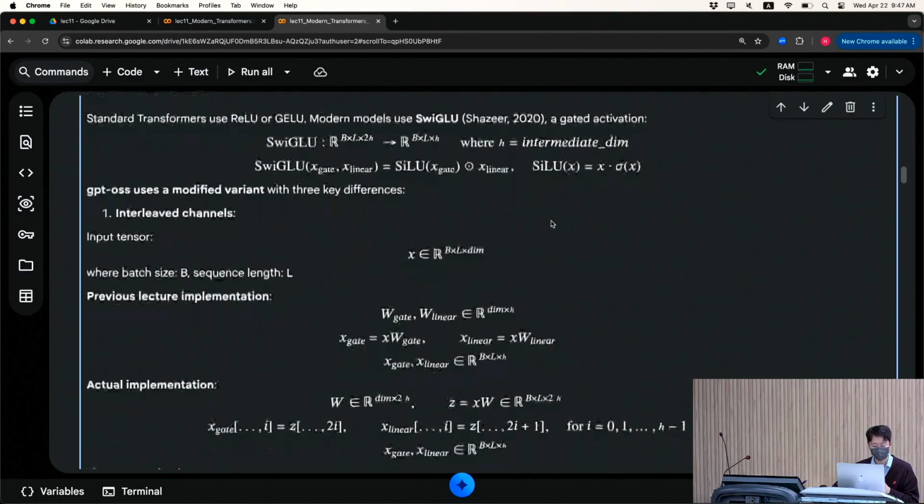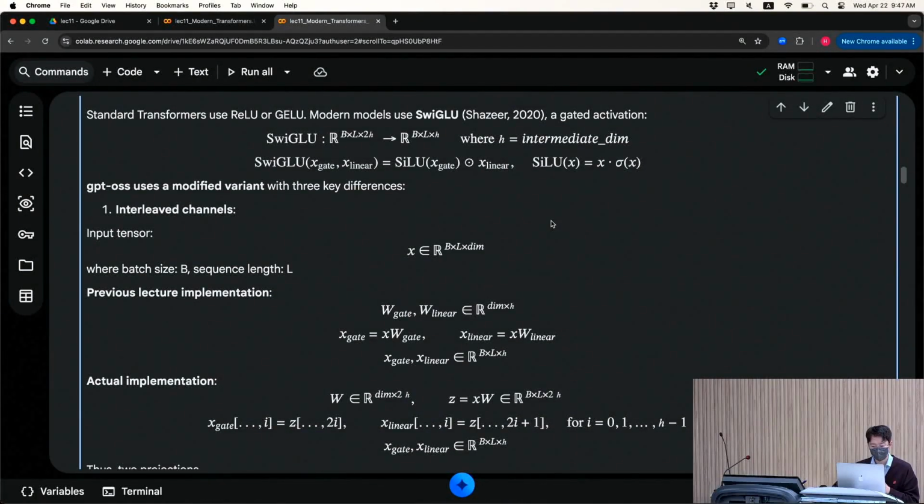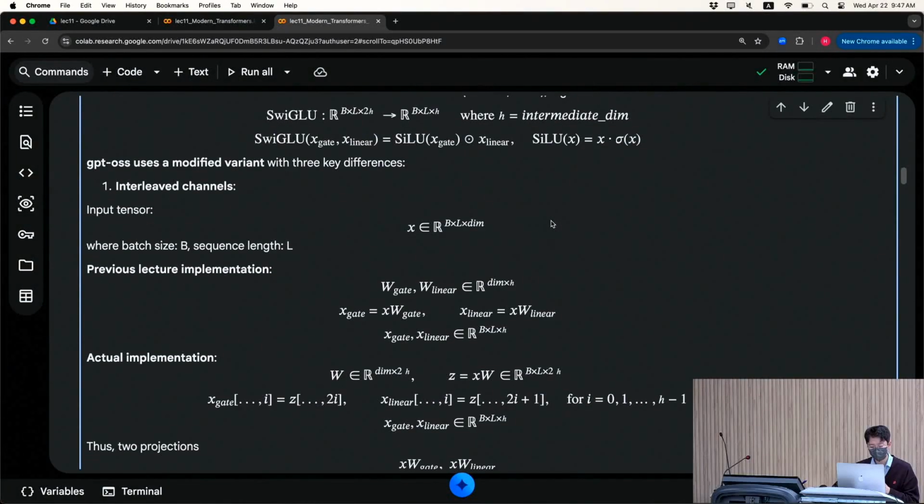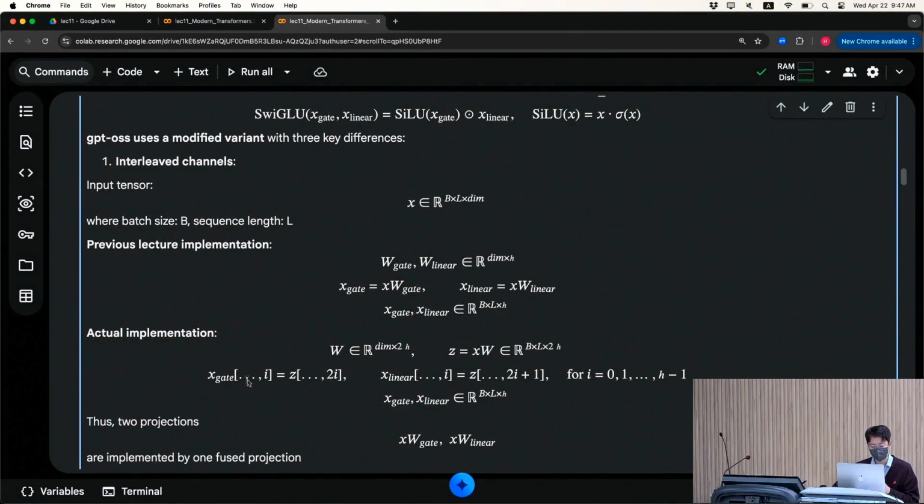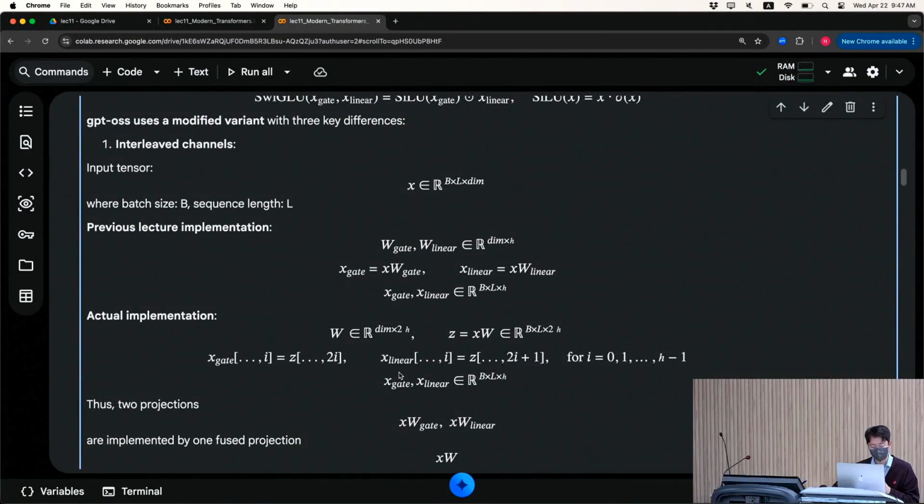But the key difference is you take your input x, multiply with a fused weight matrix, and every even dimension becomes the gate, every odd dimension becomes the linear. So gate and linear are interleaved.